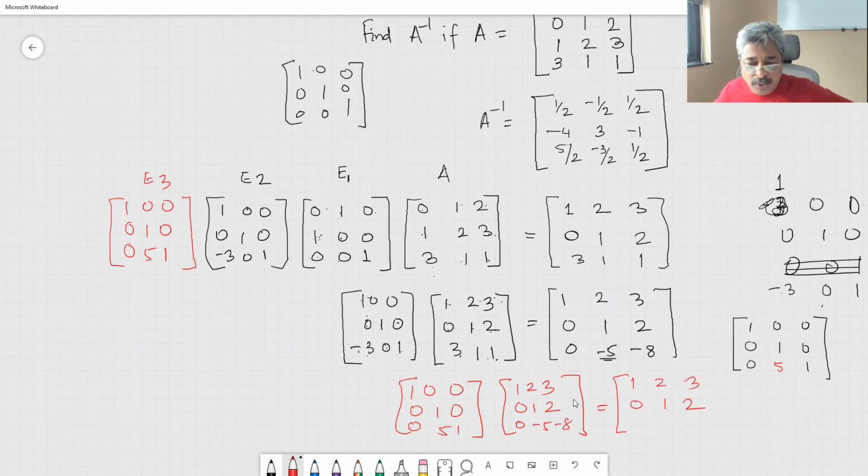Third row: 0 into 1, 0, 5 into 0, 0, 0 into 1, 0. So this is 0. Second column: 0 into 2, 5 into 1, minus 5 into 1, 0. Third column: 0 into 3, 0, 5 into 2, 10, minus 8.